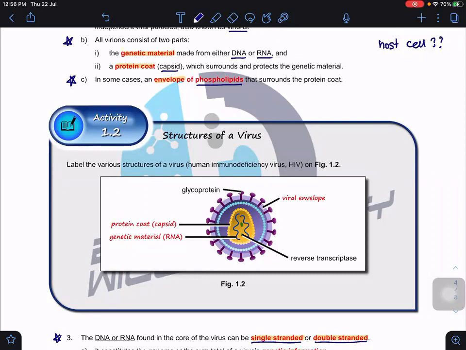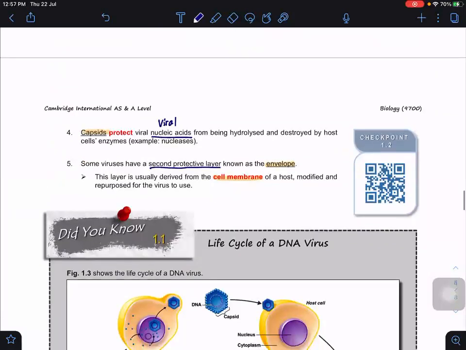So what is the function of the capsid? We need to know the capsid protects the viral nucleic acid from being hydrolyzed and destroyed by the host cell's enzymes. It's something like the wall of our house. Without the wall, it cannot protect any valuable things inside our house.